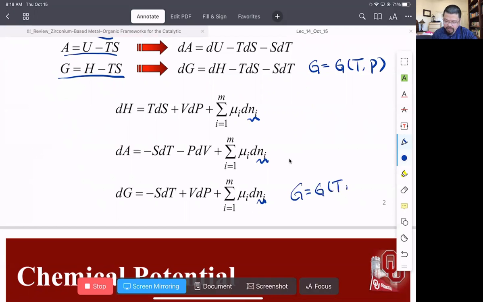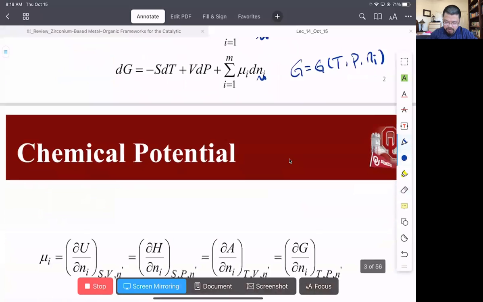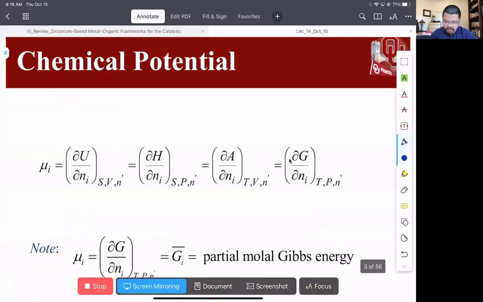Say for the Gibbs energy, it shall be the function of temperature, pressure, and the number of species, their respective composition. And over there we have a new definition called chemical potential, which is the partial derivative of those corresponding energy equations with respect to the composition ni.